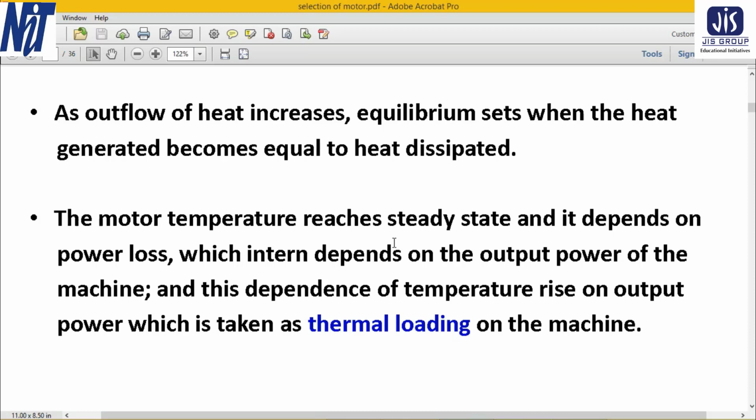So this dependence of the temperature rise on output power is basically known as thermal loading of the motor. So basically what is the conclusion of this thermal loading of the motor?